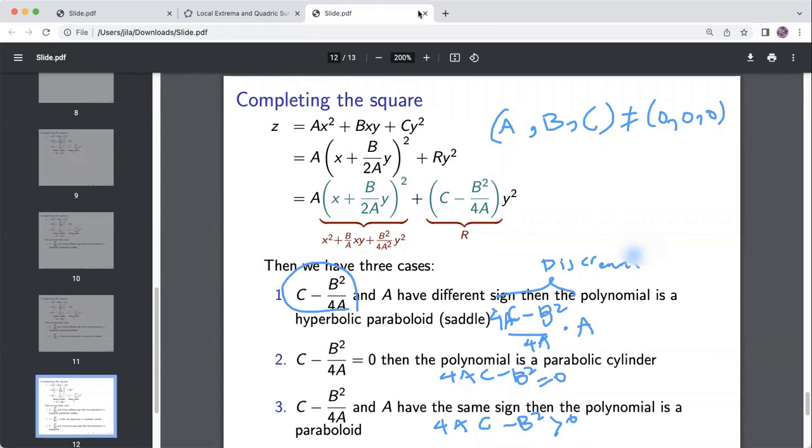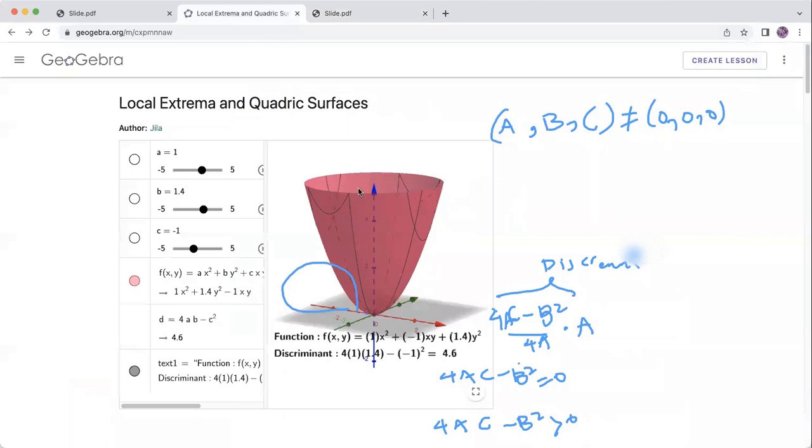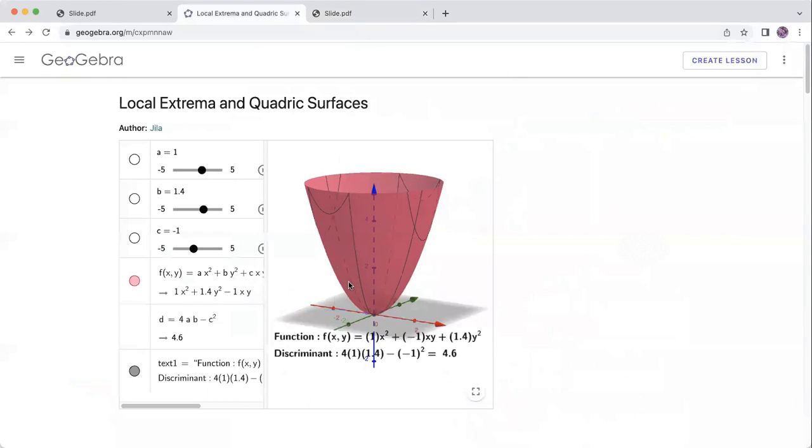Now let's go back to the shapes and take a quick look at them. So now that I have these shapes, you can see the discriminant is positive. You can see ABC. Let's change it a little bit.